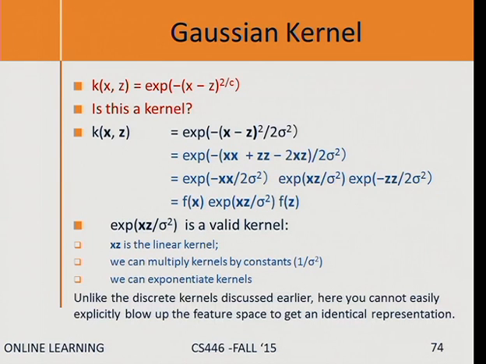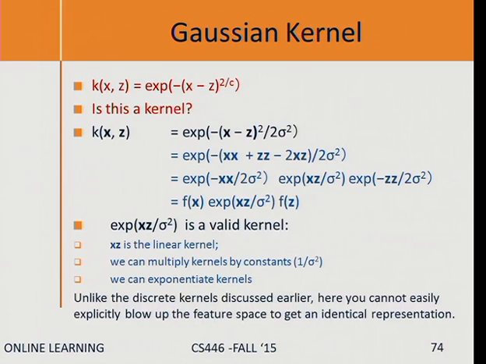Okay, so the only difference, and it's an important difference, between this and a discrete kernel is that when I gave you a discrete kernel, it was just an algebra exercise. You could either use the kernel, or you could blow up explicitly the feature space. It's exactly the same thing. Nothing changes in terms of the function that you're learning. Nothing changes in terms of learnability or generalization.